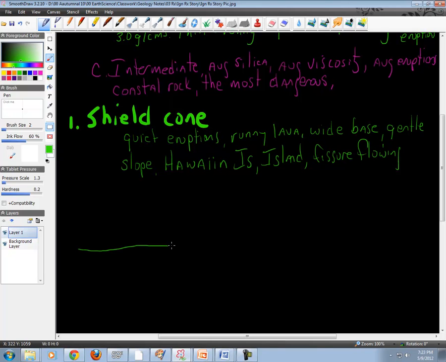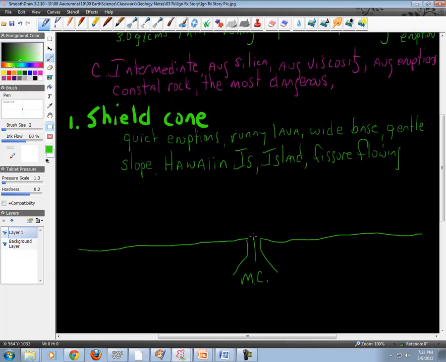Okay, we'll have green ground. Here's where the conduit is going to form. It's where the molten rock comes out. We have down here the magma chamber, which I've talked about before. This magma tends to be very poor in silica, like 50%. Tends to be very non-viscous, so the lava runs.